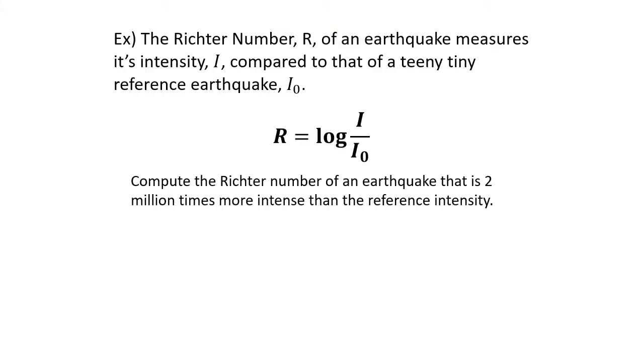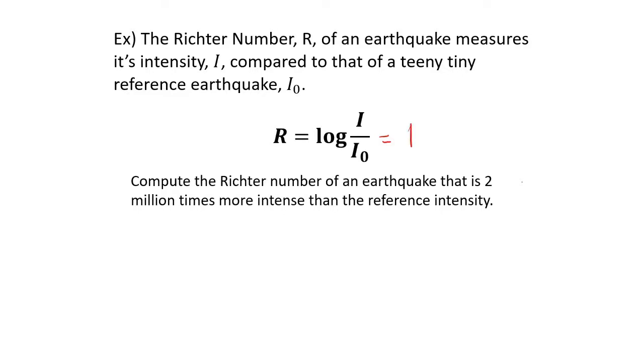The Richter number, R, of an earthquake measures its intensity, I, compared to that of a teeny tiny reference earthquake, I naught. I naught would basically be as small as something could possibly be in order to register on the Richter scale on a seismograph. So how does this work? I want to compute the Richter number of an earthquake that is 2 million times more intense than the reference intensity.